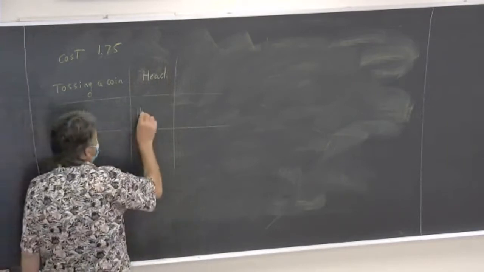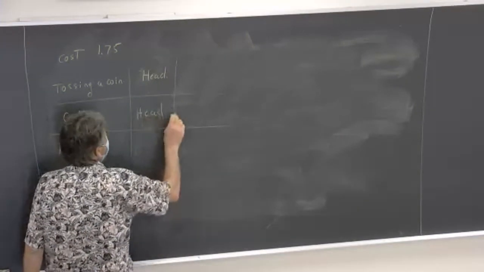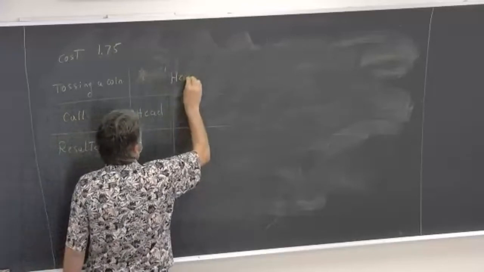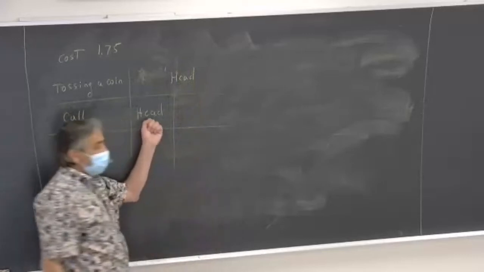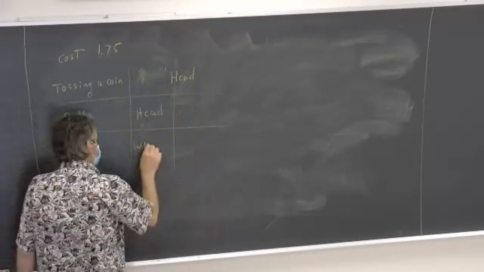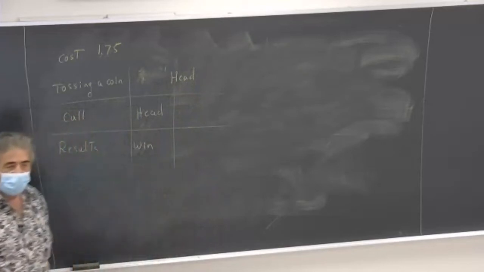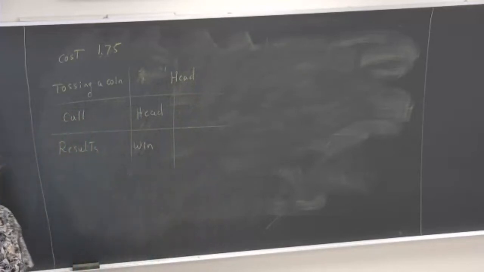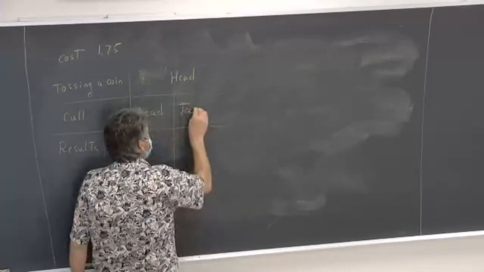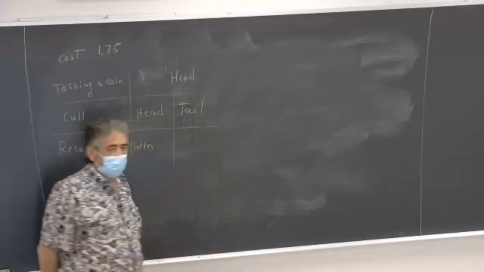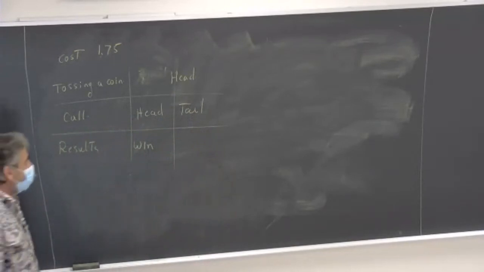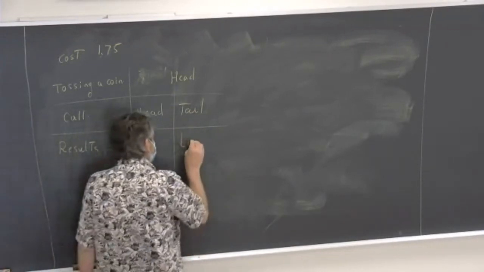If he had called a head, right, then you win. Simple as that, right? But he could also have called a tail. And if you call the tail, then you lose.